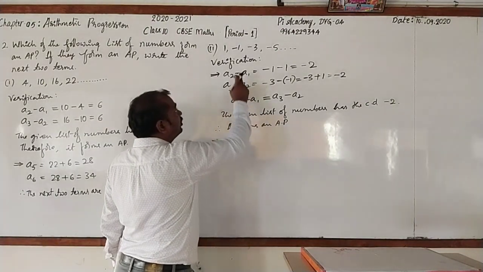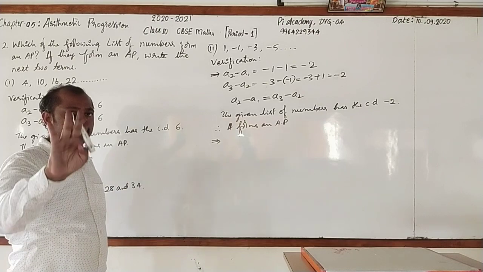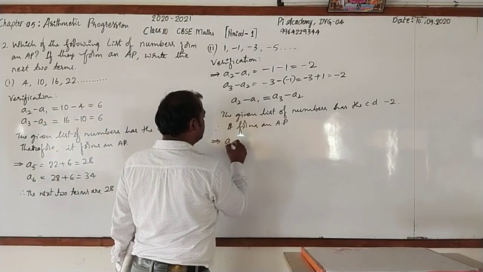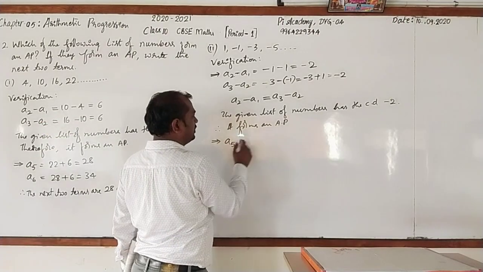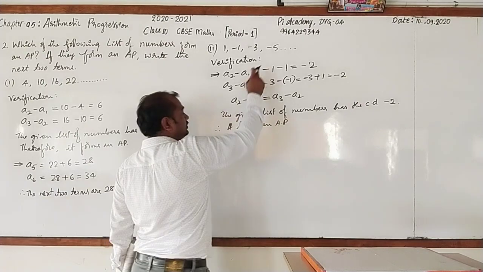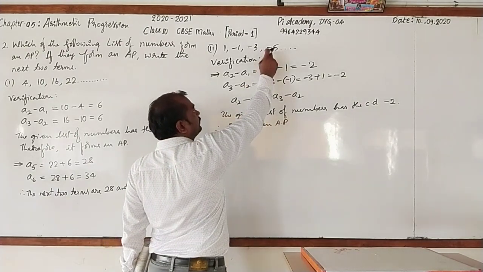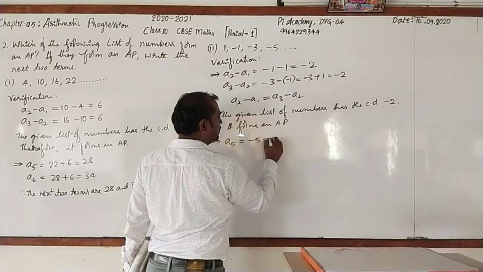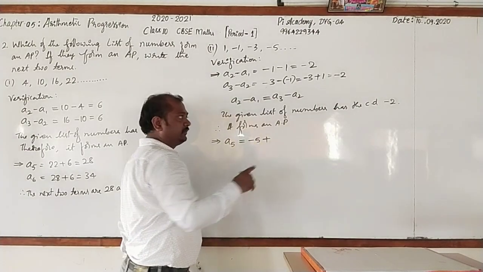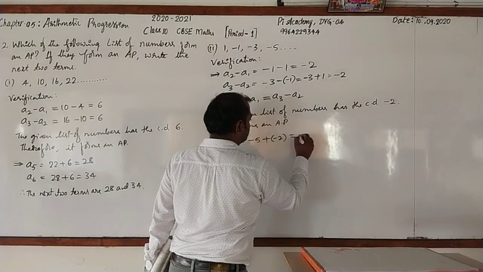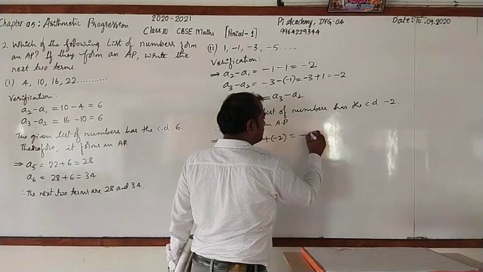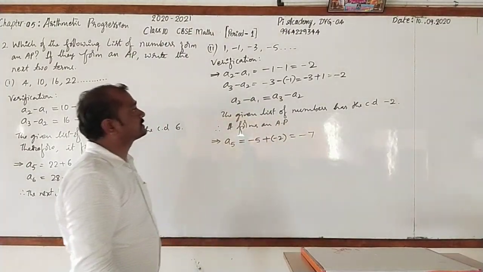How many terms are given? Yes, 4 terms are given. We want the 5th term and 6th term. To find out the 5th term, 4th term, minus 5, plus common difference. The common difference is minus 2. Minus 5 minus 2, it is minus 7.